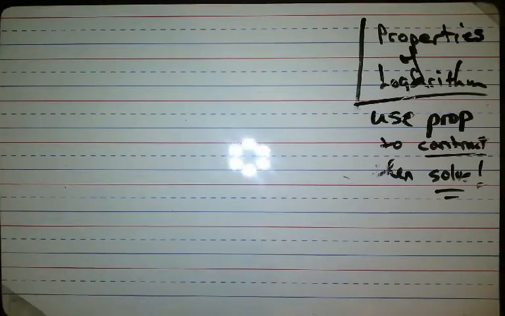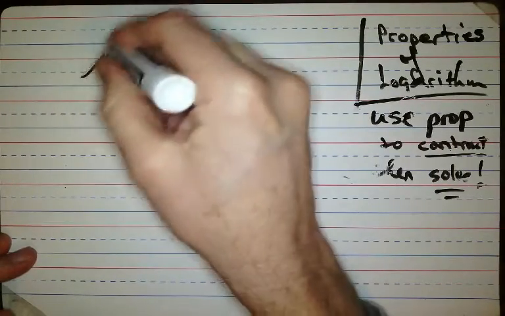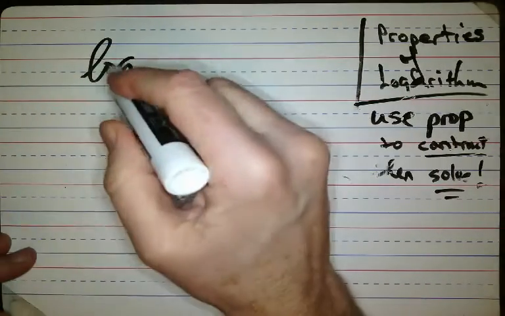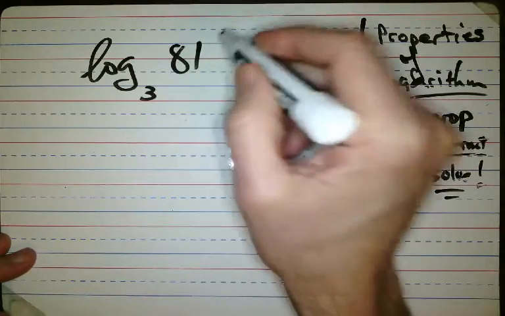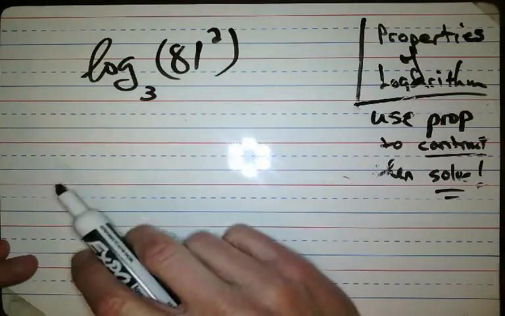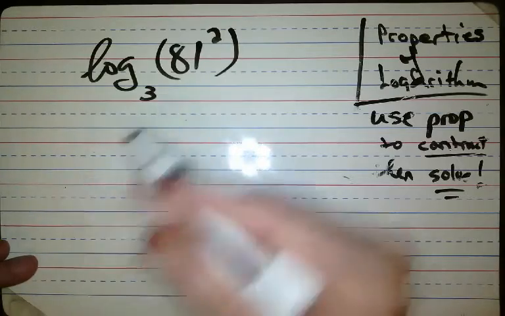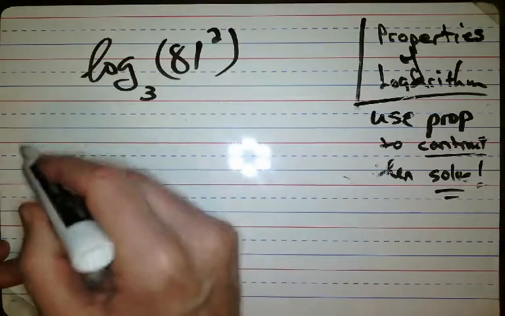Let's do one with exponents. In fact, we'll do it two ways, just to show you. Log base 3 of 81 squared. Oh my goodness, 81 squared. So, I could do it this way. I know 2 comes down in front.